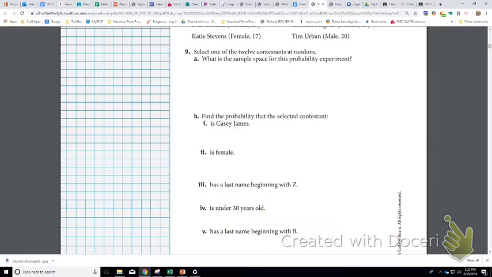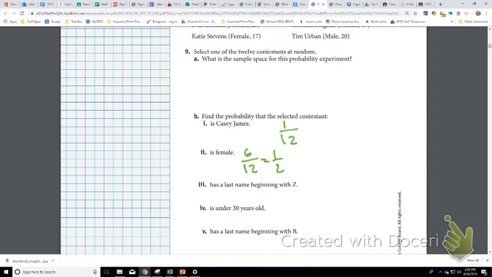What's the probability that the contestant will be Casey? Yeah, how many Caseys are there? There is only 1, so that's 1 out of 12. What's the probability that the contestant will be a female? How many females do we have? 6 out of 12, which would be, as a percent, 50%.